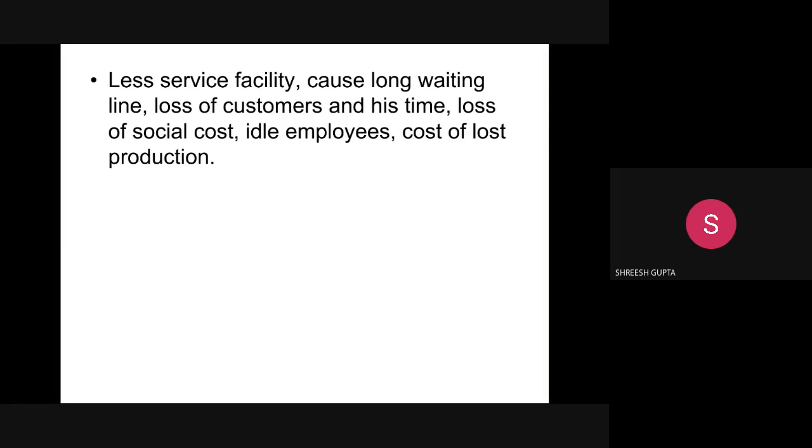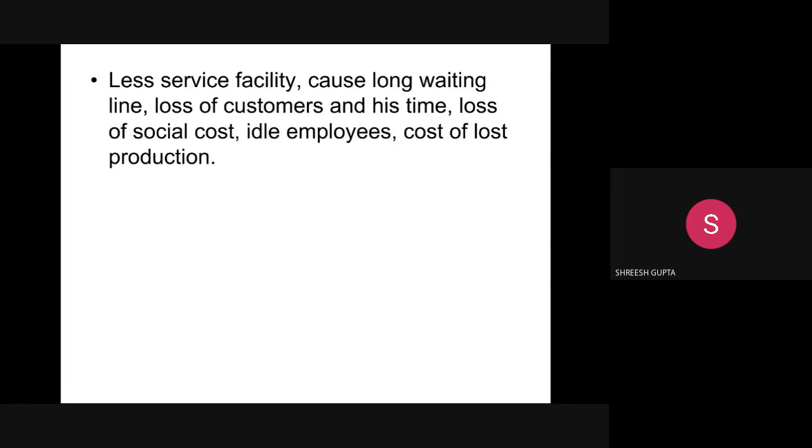For example, when you have to wait a long time in any line, generally what do you face? You face impatience. You generally try to leave the line as early as possible, which means you try to go elsewhere. That is the loss of the customer.